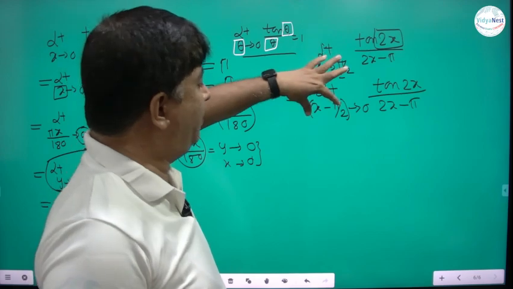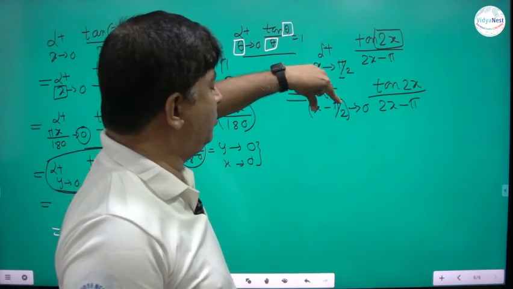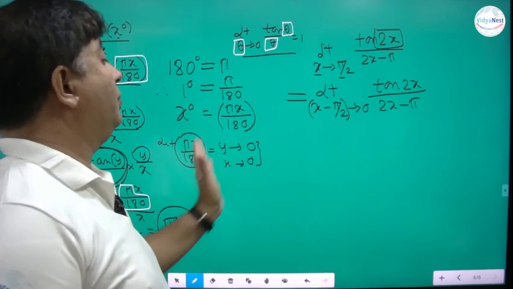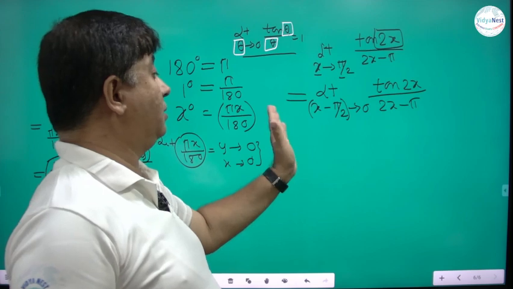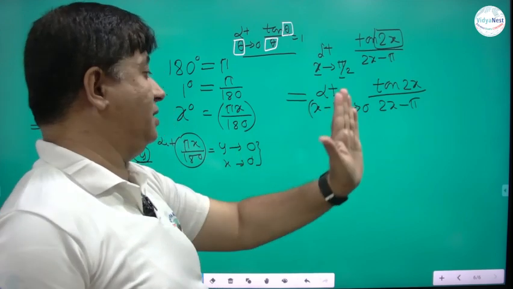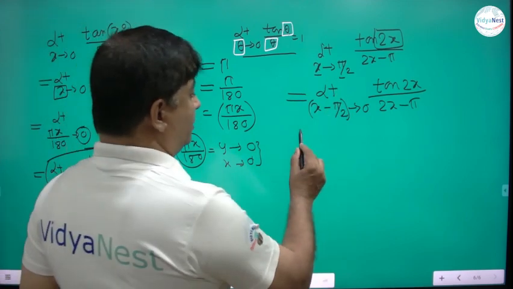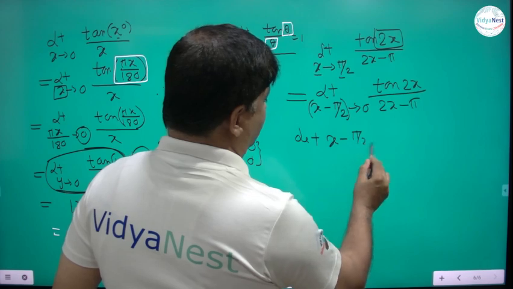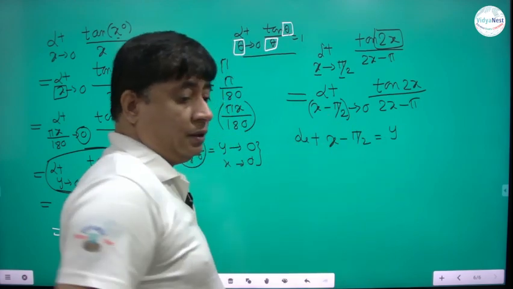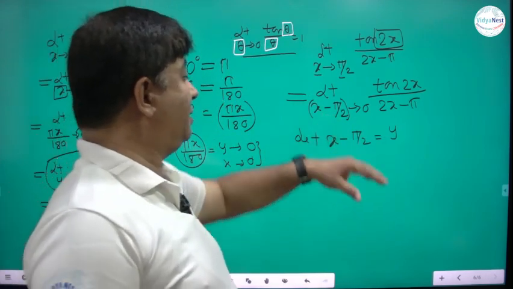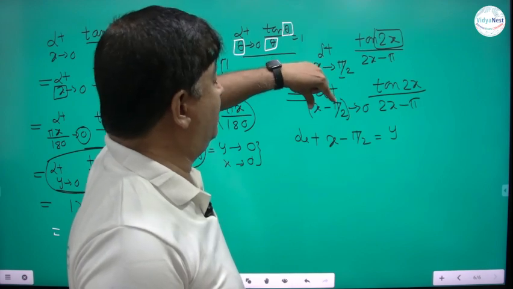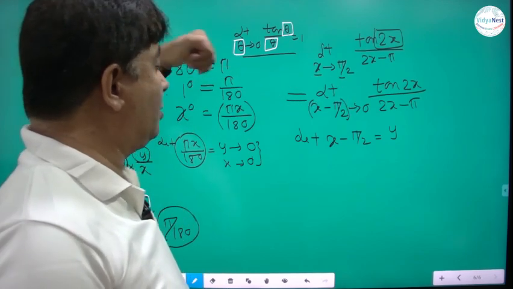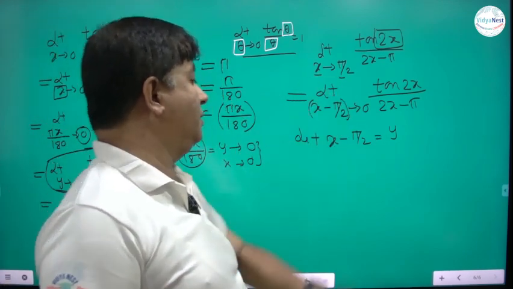So I have to substitute it with a single variable, not with any other constant term, which means shifting of axis. So I will let x minus pi by 2 be y. Here x is shifted minus pi by 2 towards left. So I will consider it as a single variable.